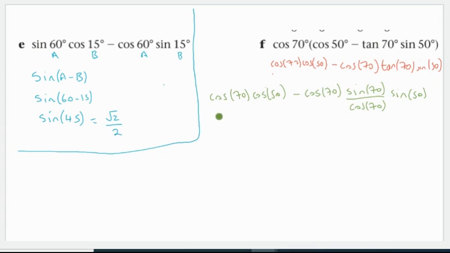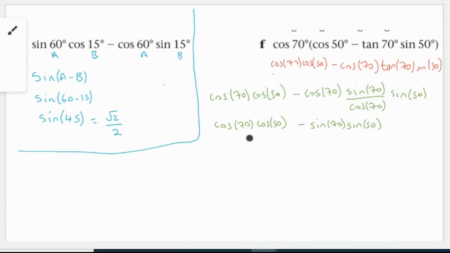Okay, and then we end up with cos 70 cos 50 minus, now the cos 70s cancel, so we're left with sine of 70 sine of 50.